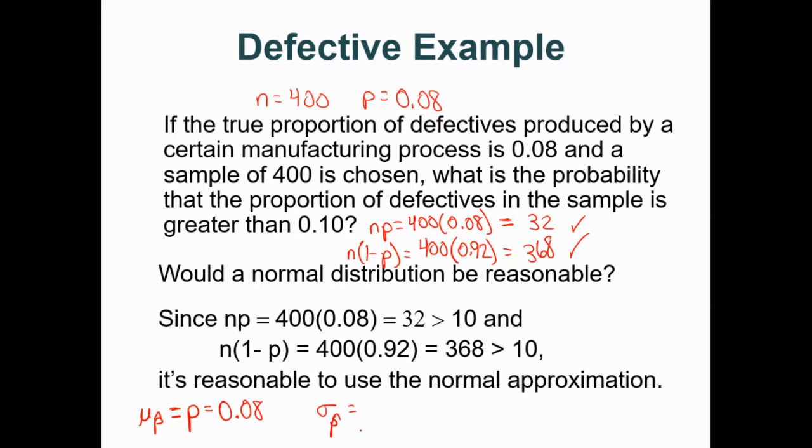That's where we do that big old square root. 0.08 times 0.92 divided by, what's our n? 400.